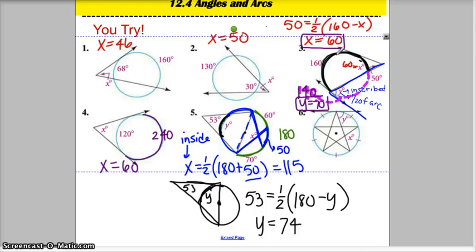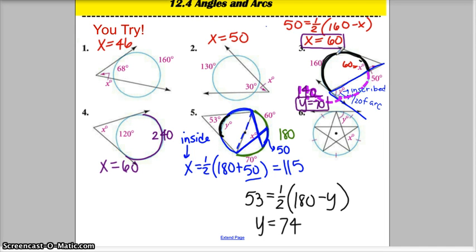Then I redrew the picture for Y because I just couldn't see it with everything that I drew on it. So let me draw it with you for a moment. We have a circle with a diameter. 53 is out here, and one of its values is going inside, maybe not the best drawing, and the other one is going over here. Angle Y is the difference. Not perfectly drawn, but what we need to recognize is that 53, this outside value, equals half the difference of those two pieces.